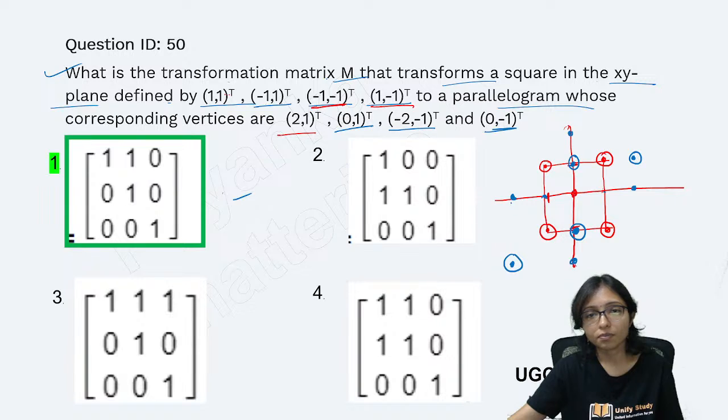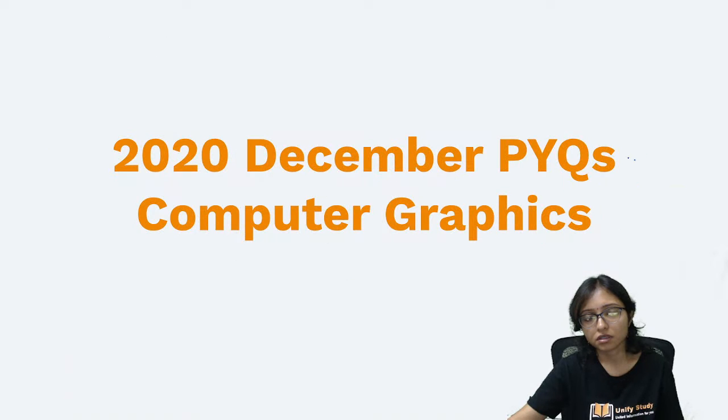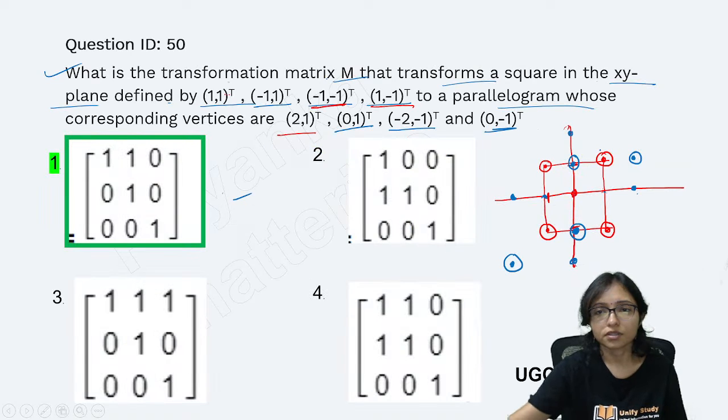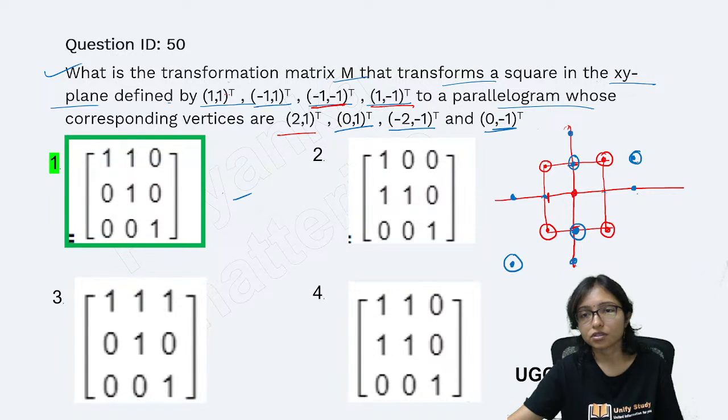So your 2 1, 2 2 1, right. So here you can see 2 1, then 0 1. So the line is like this one, the blue line. Then minus 2 1, that is this one, minus 2 minus 1, means your parallelogram will be like this.